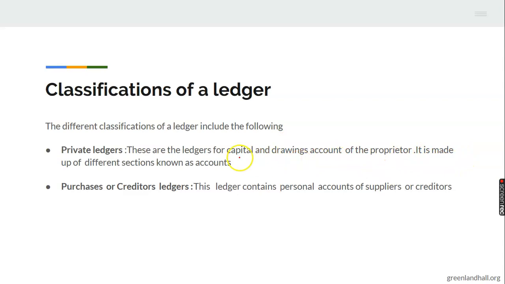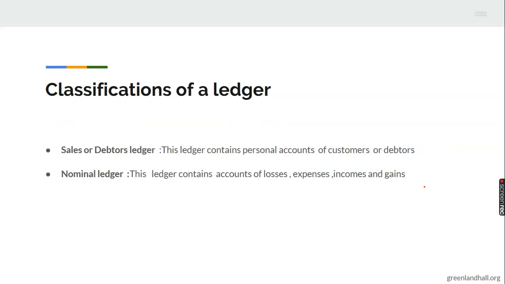It is made up of different sections known as accounts. Then we have purchases or creditors ledger. This ledger contains personal accounts of suppliers, those who supply some items, or those who are our creditors. And we equally have sales or debtors ledger.